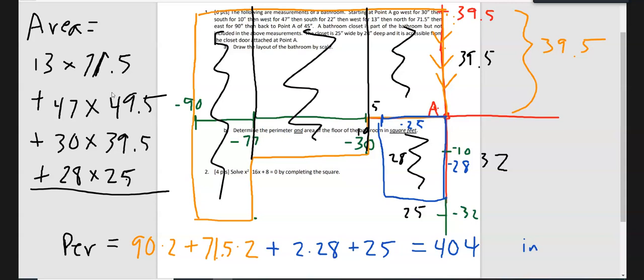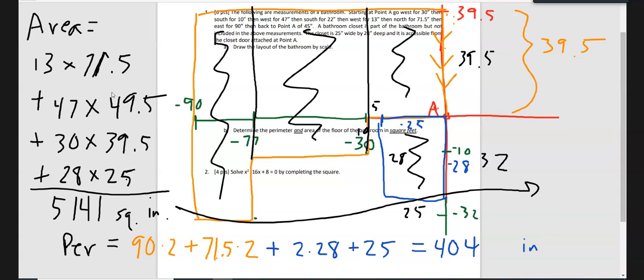So 13 times 71.5 plus 47 times 49.5 plus 30 times 39.5 plus 28 times 25. I got 5,141 square inches. Now, how do you convert this into square feet?